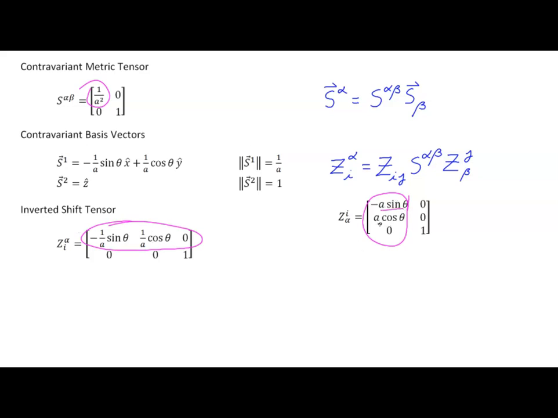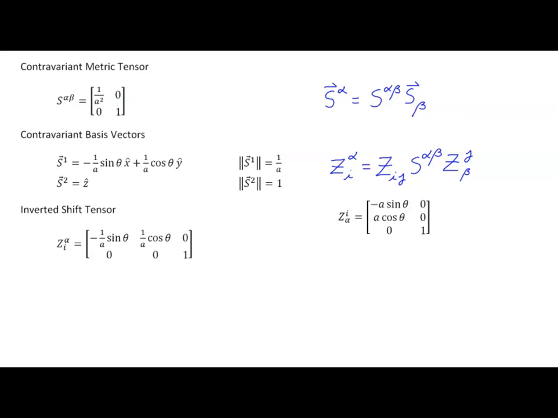This times 1 over a squared, this times 1 over a squared, etc. Likewise, we take all the elements in this column, multiply by this element in our contravariant metric tensor, and we get this row, 0, 0, and 1 times 1. So that's how this works to find the inverted shift tensor.